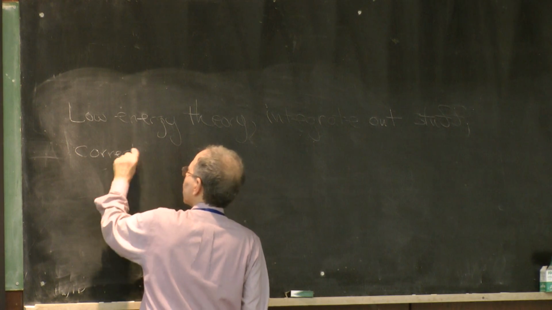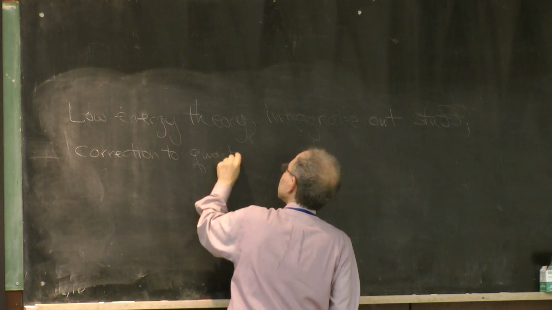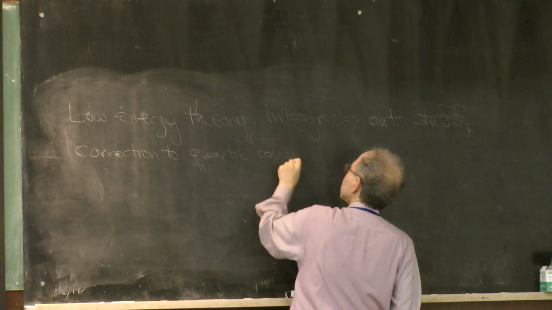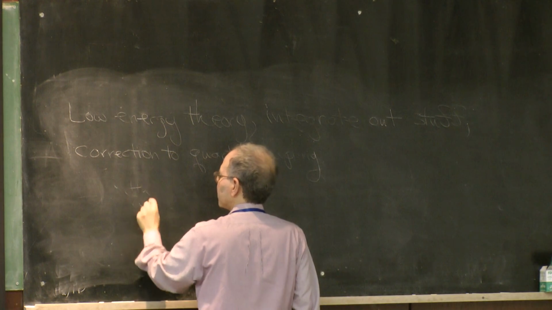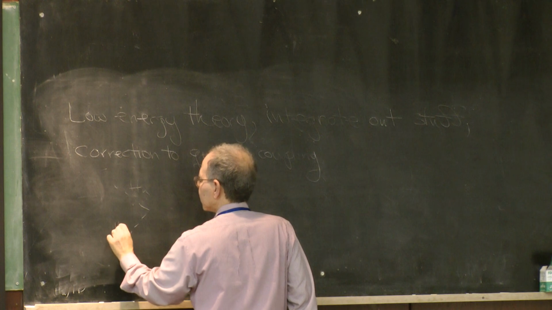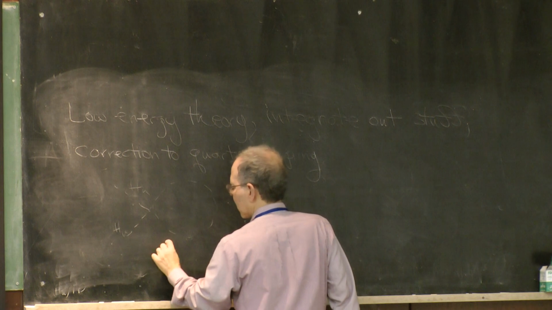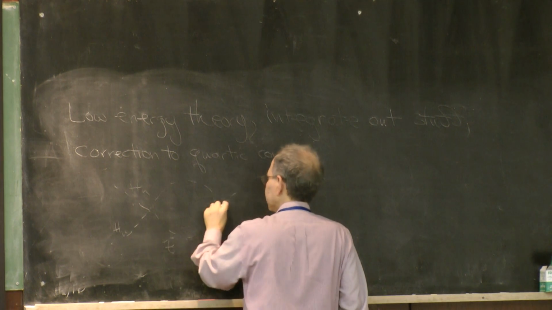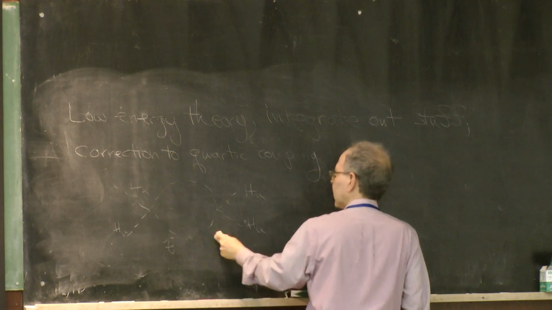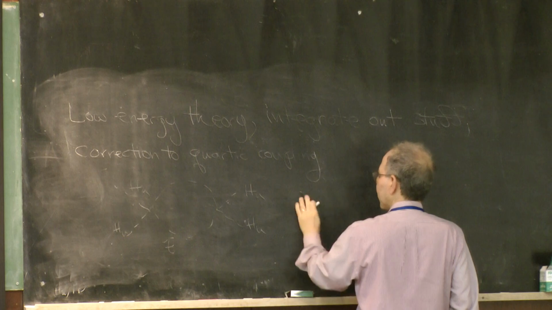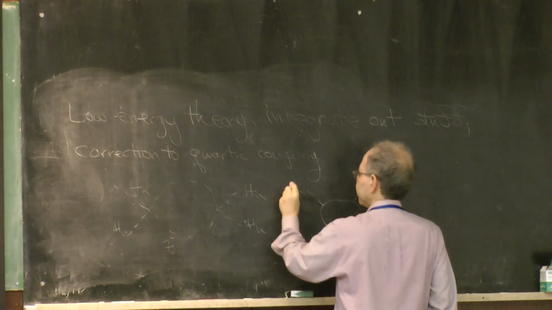So for example, in this decoupling limit, how does that arise? Well, that will arise because, for example, I can have here HU, a loop with this top squark, and similarly a diagram with a top quark in it.